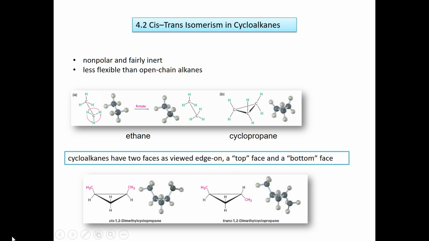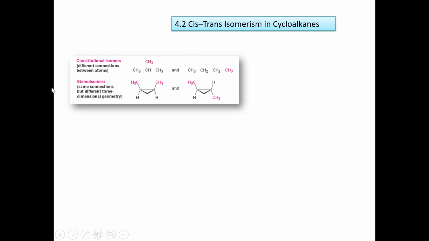Basically, we cannot do it. That means that we can dispose these two methyl substituents in two different shapes: both on the same side, both in the top face, or one in the top and one in the bottom face.